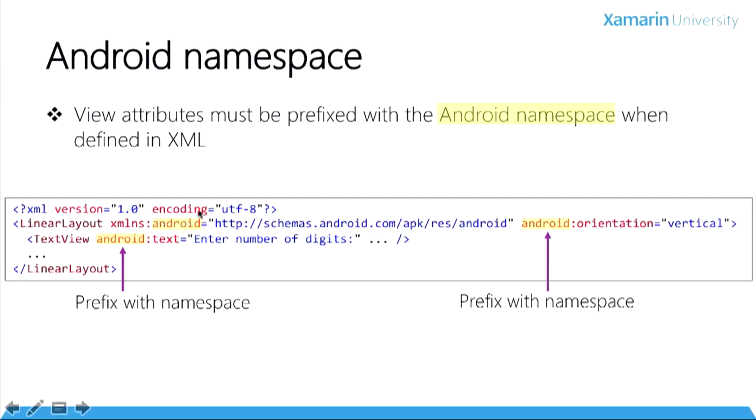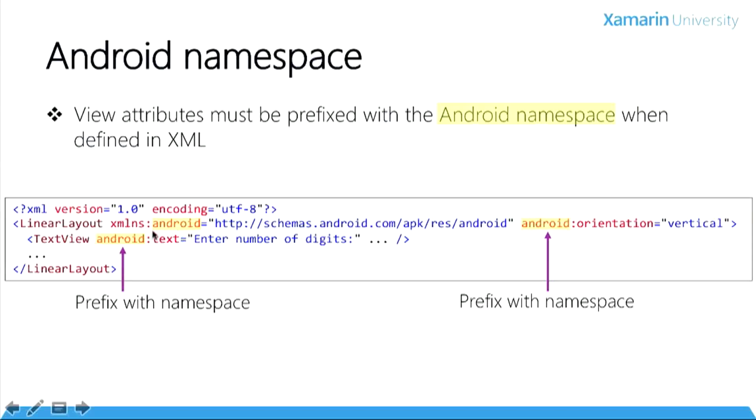The word android there, it's not required, it's completely up to you. The thing that's required is the mapping to http://schemas.android.com, etc. By convention, everyone uses android for the prefix name, and you probably should as well.